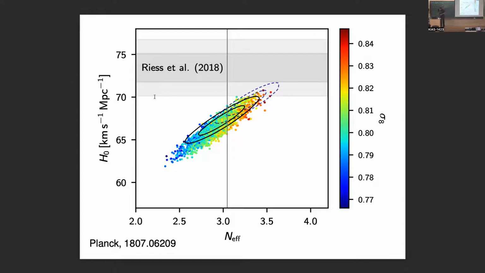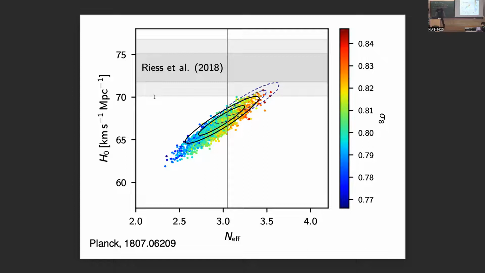Is that right? Right. Okay, and what they find can be compared, of course, with what Planck finds, and they tend to find a smaller value than Planck.